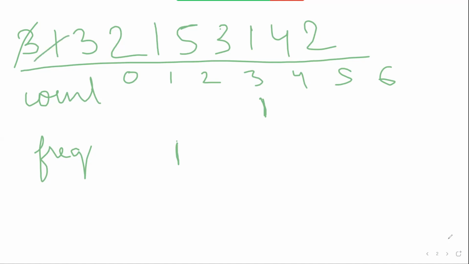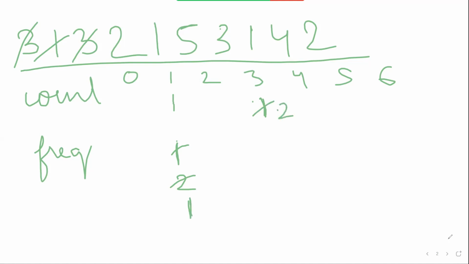Now we will add 1. So count of 1 will become 1 from 0, and now we have two elements with frequency 1. Now we are going to add 3. Initially this 3 had frequency 1, so 1 will be deducted, and now it is incremented to 2.